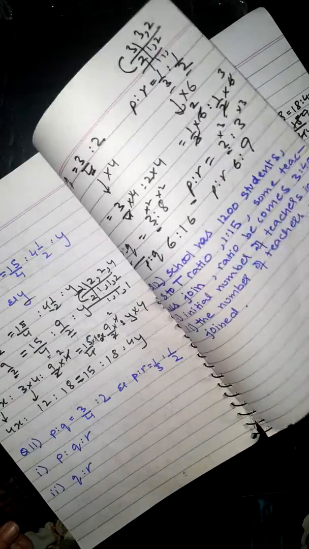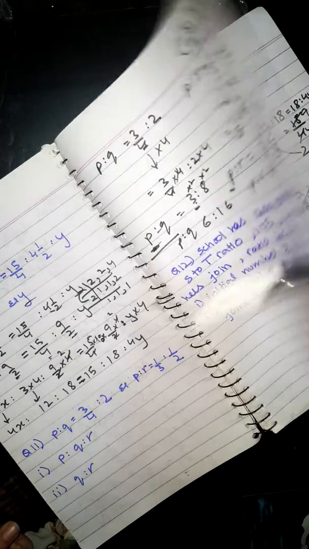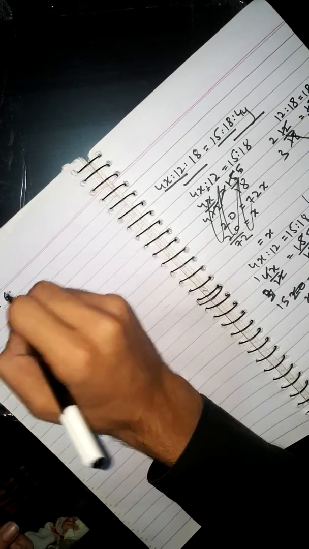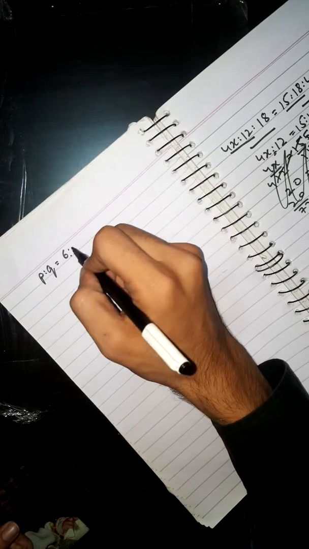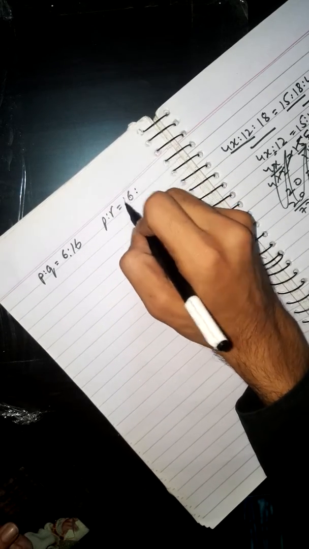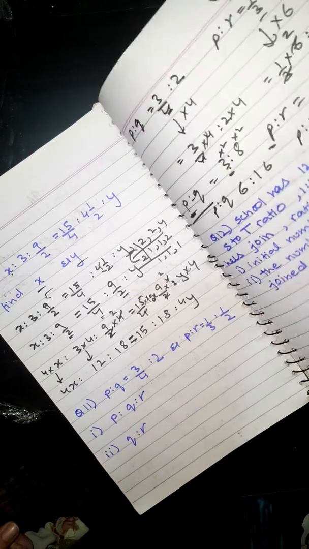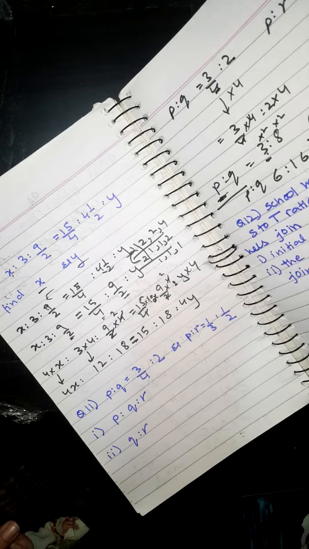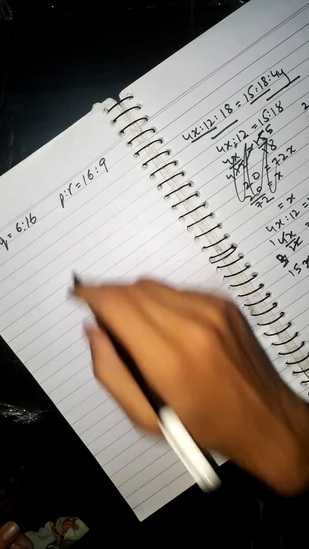So the last thing we got was P ratio Q is 6 ratio 4, and P ratio R was 6 ratio 9.